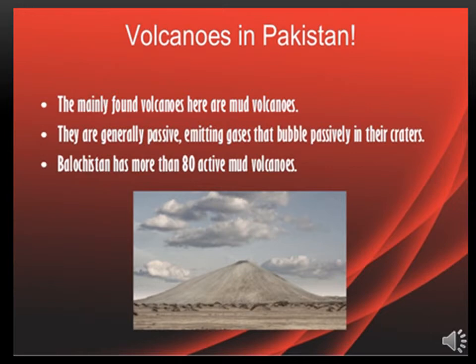I've told you that mud volcanoes are not magmatic volcanoes. They are generally passive, emitting gases that bubble passively in their craters. However, they can also erupt powerfully, spewing hydrocarbon gases and tons of mud hundreds of meters into the air.